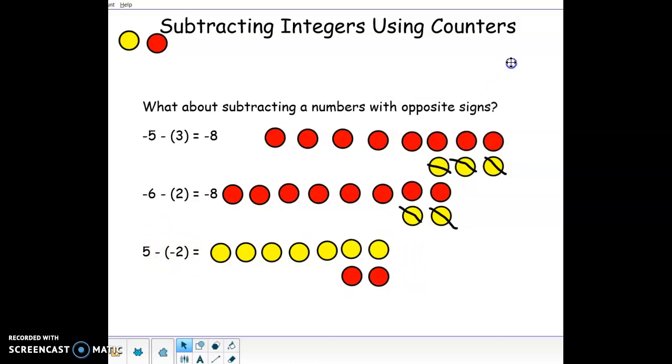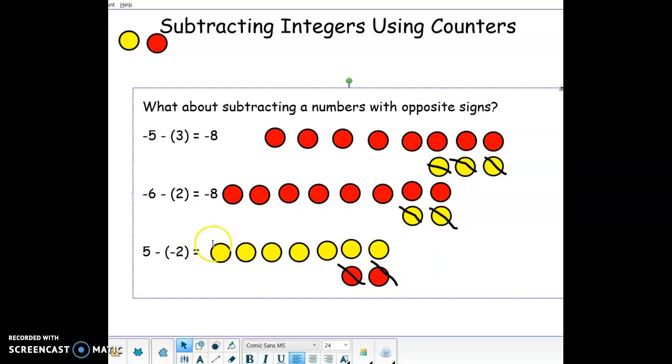So if I create those 0 pairs, I have now 7 positives and 2 negatives. Okay, so now I can go through and take away my 2 negatives, and now what I'm left with are just 7 positives. So we would say that positive 5 minus a negative 2 is positive 7.